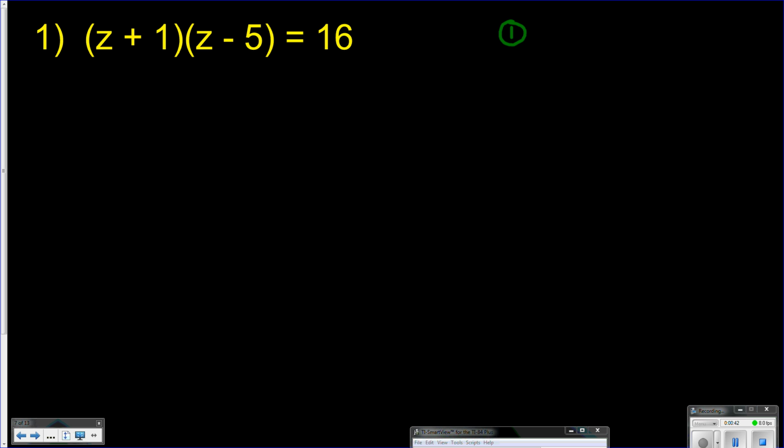Number 1, let's simplify each side first. Second, we want to set our equation equal to 0.